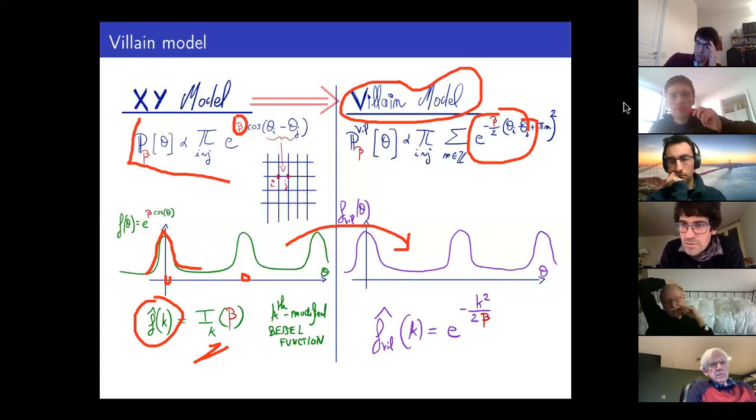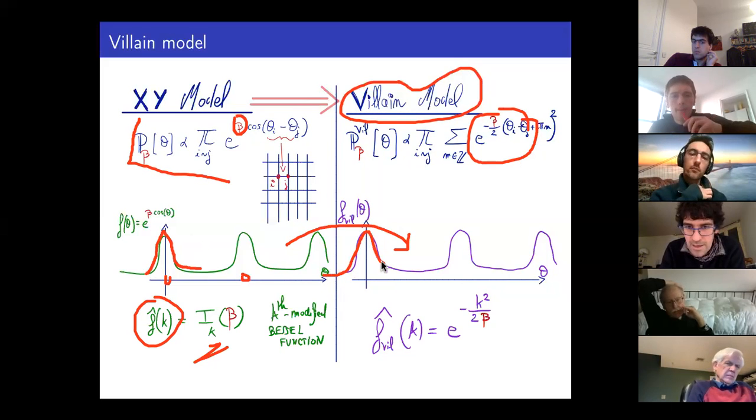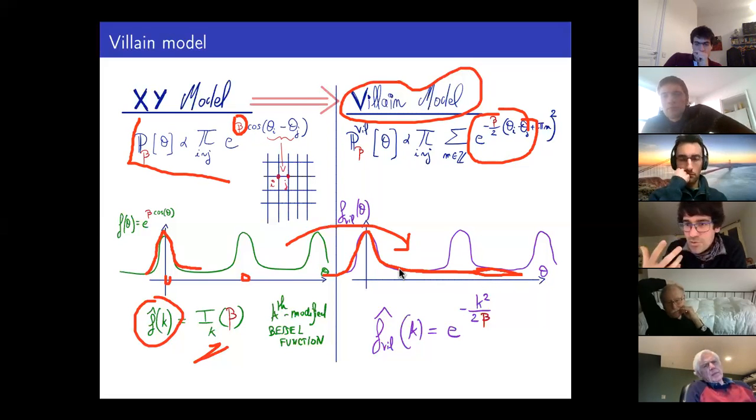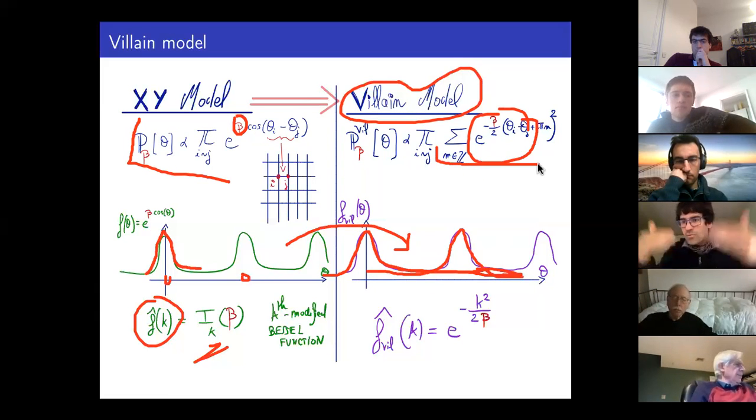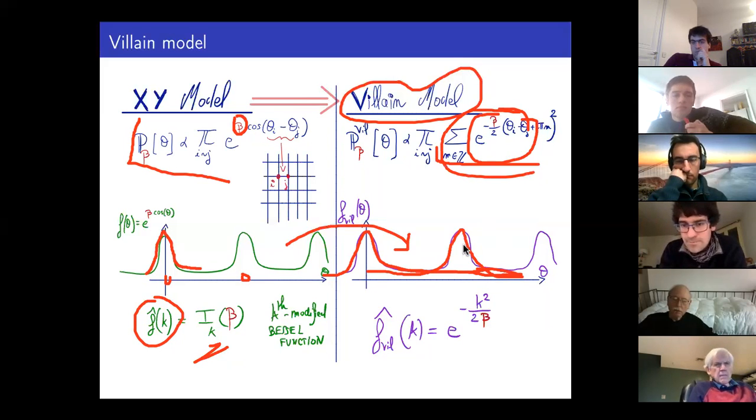But if you would not do anything, you would have this function here, exponential minus beta times theta squared, and it's not 2 pi periodic. So to have something that has to do with angles that are defined modulo 2 pi, it makes sense to add up all these Gaussians, which corresponds to this sum here, which is adding all the 2 pi periodic Gaussians. And this is sometimes called the periodized Gaussian.